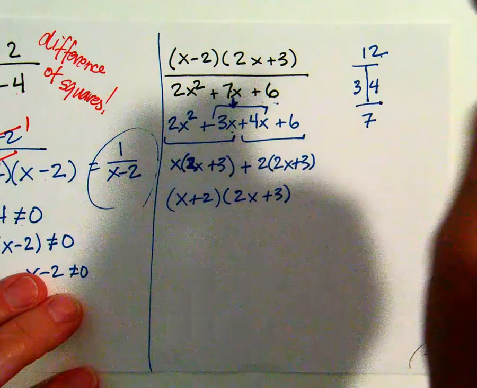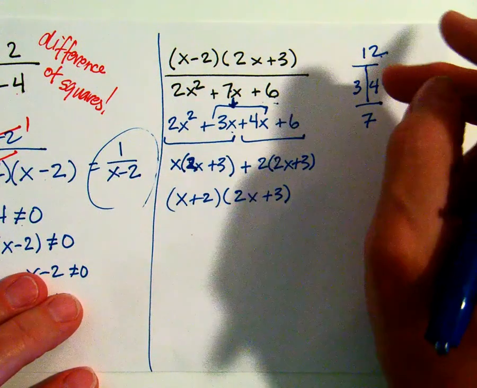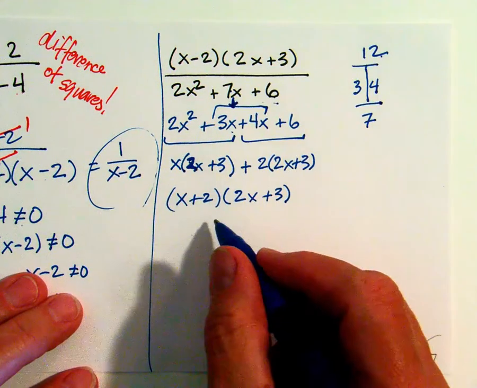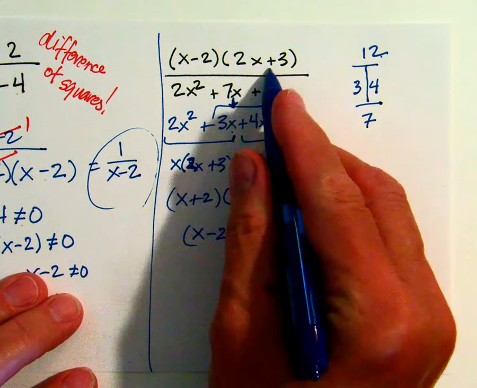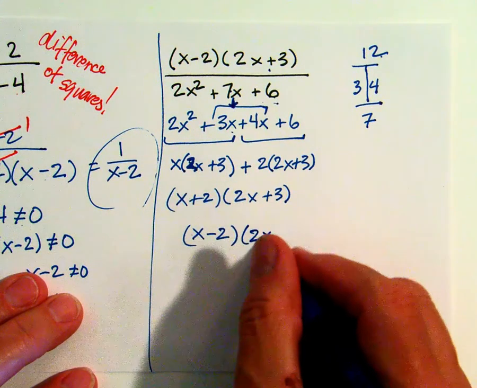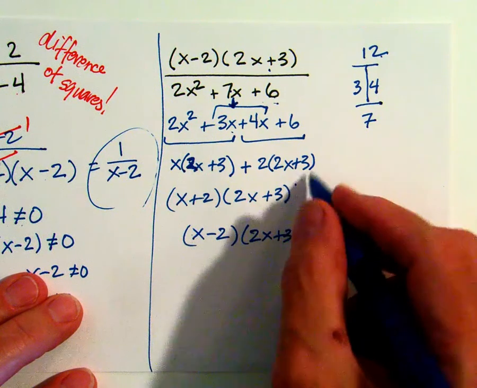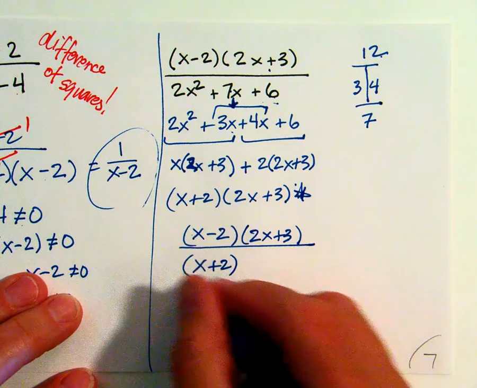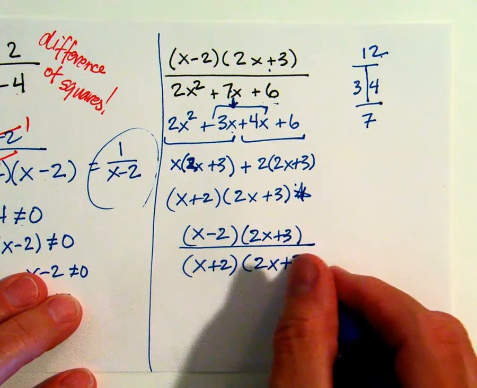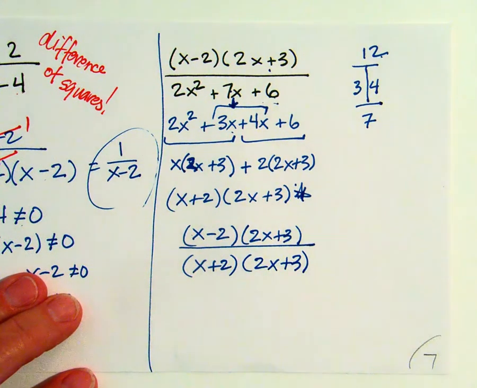I'll go back and rewrite. Here's my numerator. I'm just copying from up here. But it's looking pretty good. And then here's my new denominator. Oh, look, just the same.